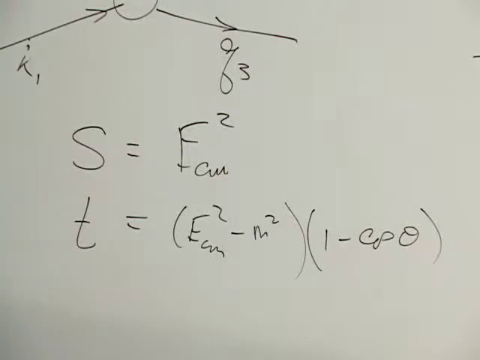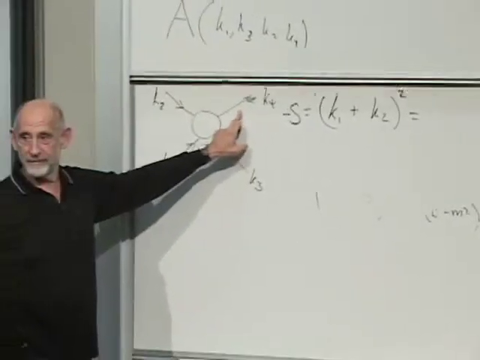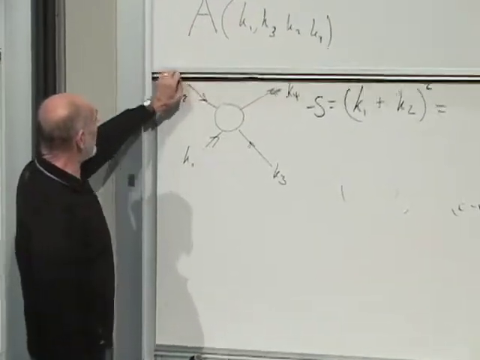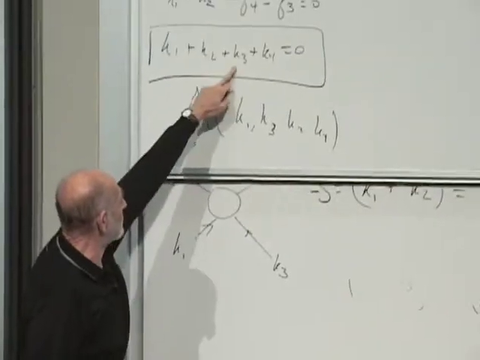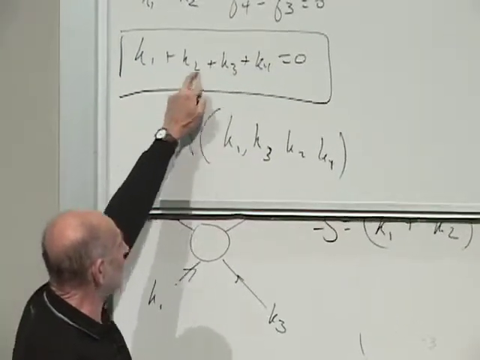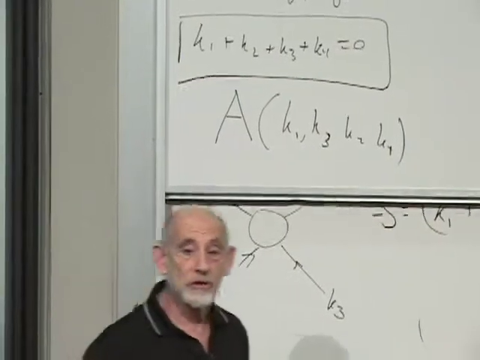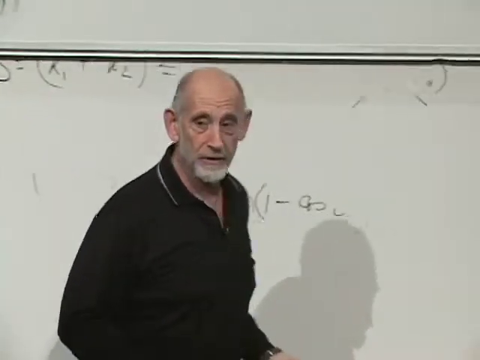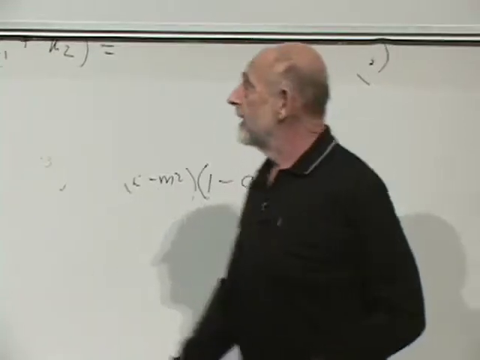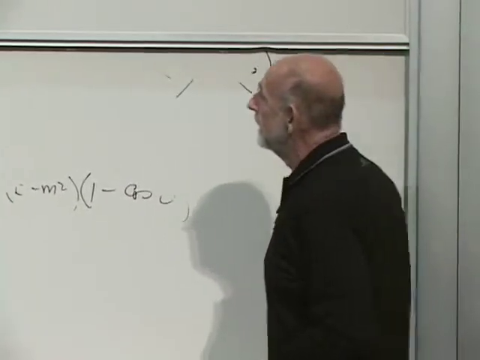How about K2 plus K4 squared? Is that different? Well, if you go back up to here, K1 plus K3 is minus K2 plus K4. So K1 plus K3 squared is the same as K2 plus K4 squared. It's also T.